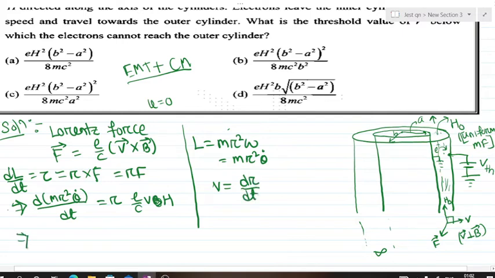So d of m r square theta dot divided by dt is equal to r e by c dr by dt into H.